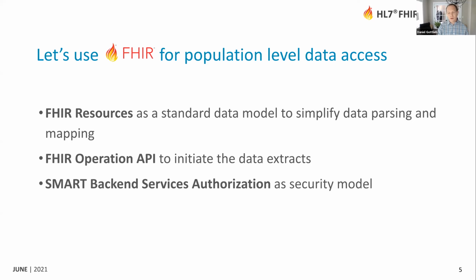Specifically, can we use FHIR resources as the data model for our data exchange rather than doing custom CSV, comma delimited exports, or even JSON exports for each data source? Can we use the FHIR Operations API as a standard way to initiate these data extracts so that every API isn't structured differently? And can we use SMART Backend Services Authorization, again, as a standard security model so you don't have to start from scratch with each data source and data destination?